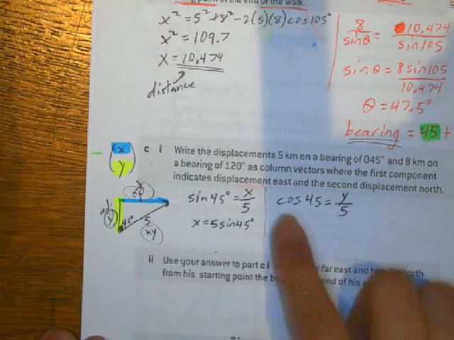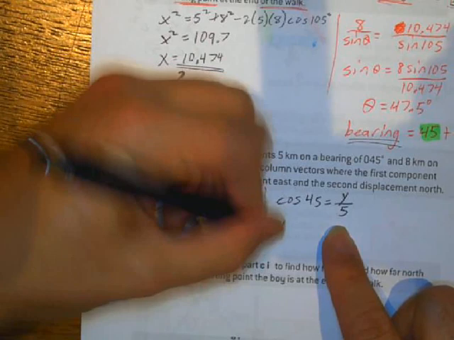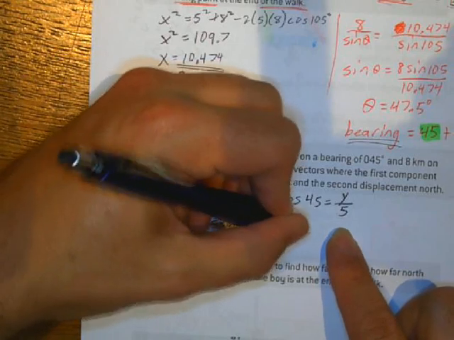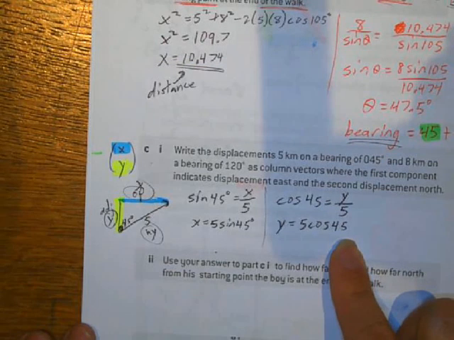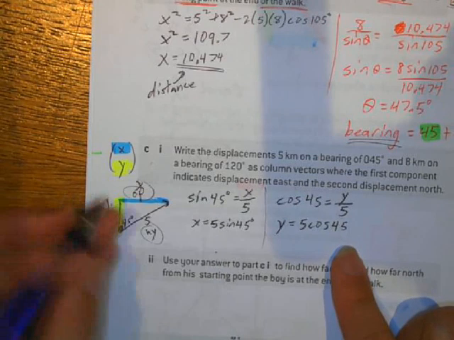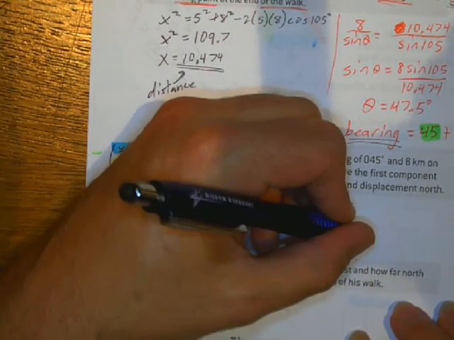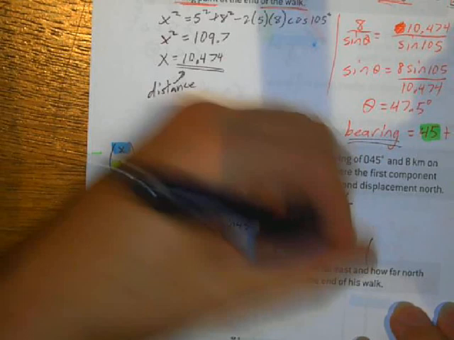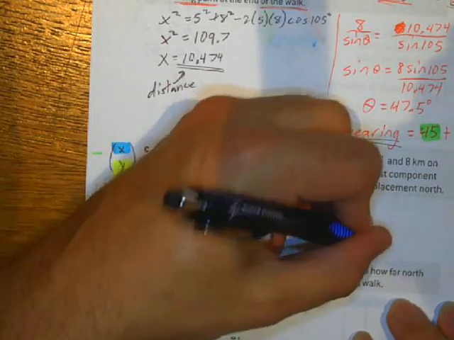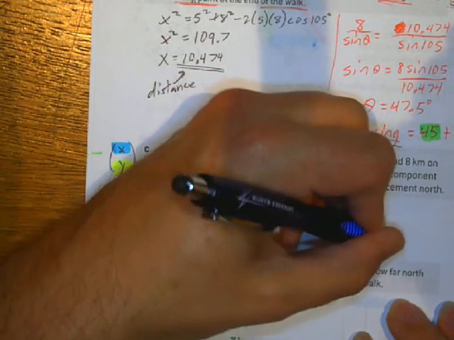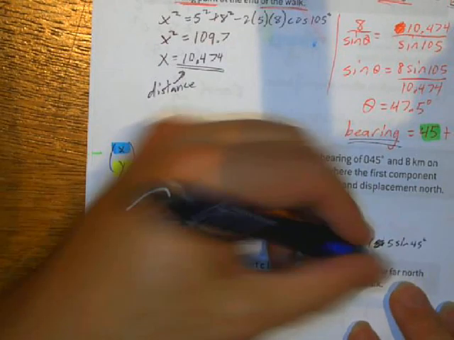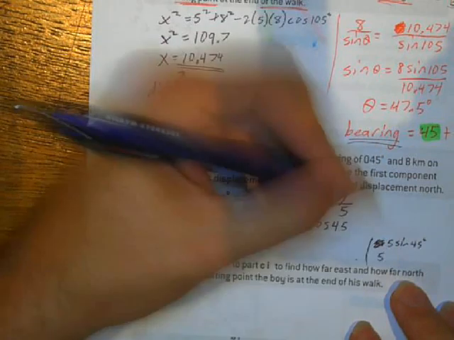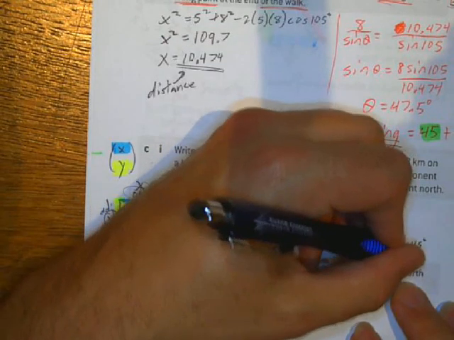And then if I cross multiply to get the y value, we get y equals 5 cosine 45. Okay, so this first vector is 5 sine 45 degrees, and the y value is 5 cosine 45 degrees.